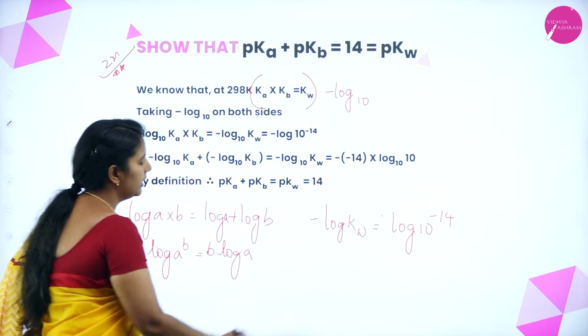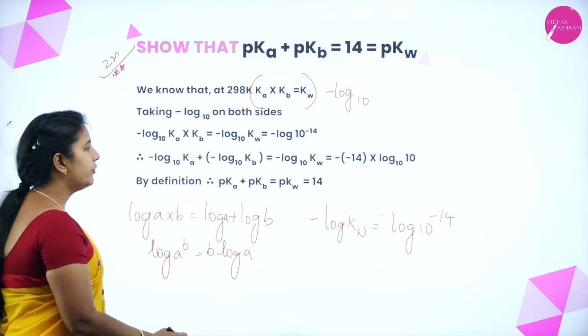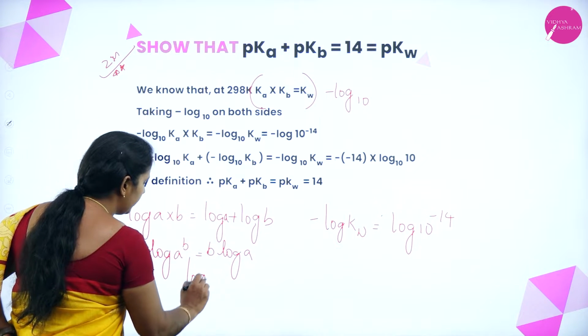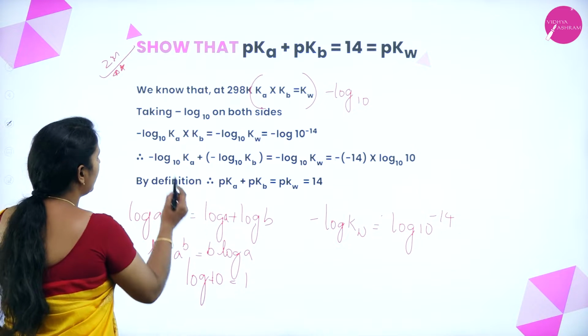So minus of minus 14 into log 10. We know that log 10 is equal to how much? It is equal to 1. So what will happen to the above equation?